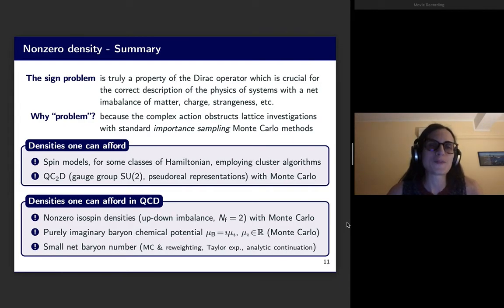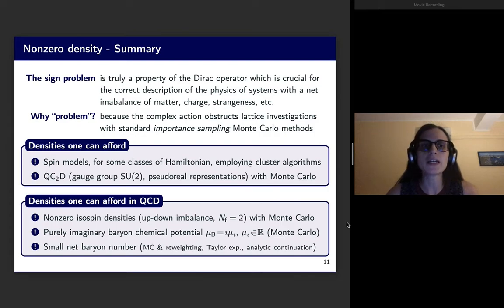And one thing I didn't tell you is why do we call it a problem? But you might have guessed by now. We call it a problem just because the complex action is obstructing lattice investigation. So from our point of view as lattice practitioners, this is really a problem because we cannot employ standard importance sampling, standard Monte Carlo methods.